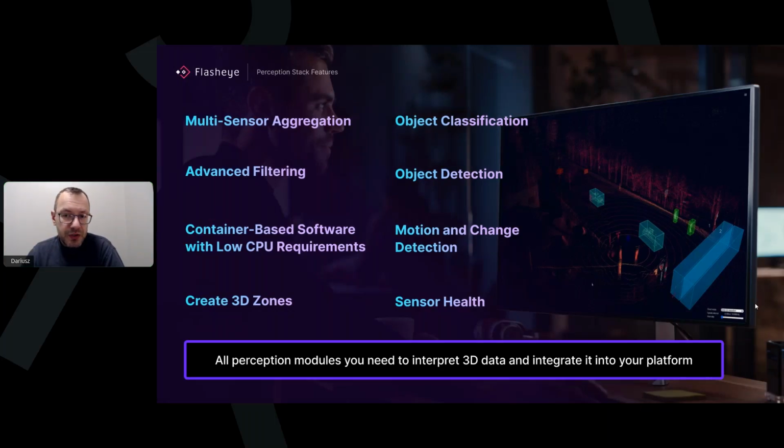So basically, our software will provide you with all the perception modules you need to interpret 3D data and integrate into already existing platforms like security, or even PLC control for factories, and so on.